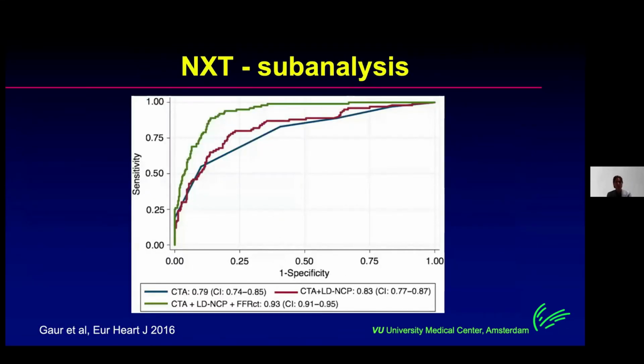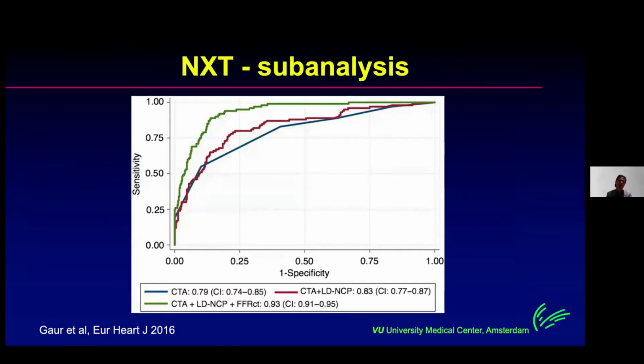And this is a very interesting study published in European Heart Journal, which is an NXT subanalysis, saying if you have the CT alone, but if you add all those features like plaque features, you can do a much better job in predicting what is going to be an ischemic lesion and which patients should be referred to the cath lab.